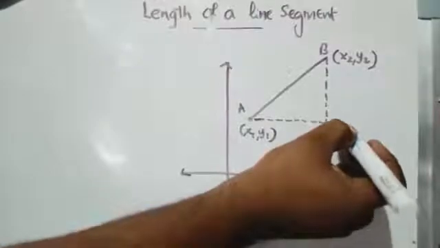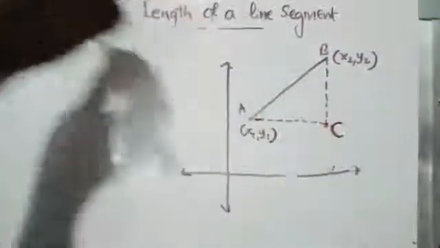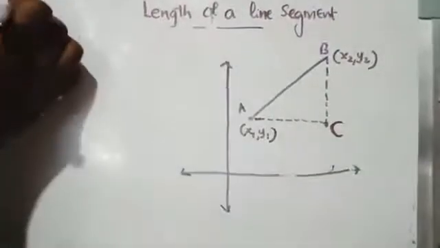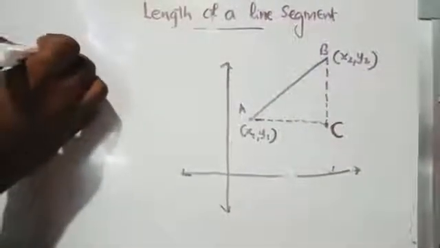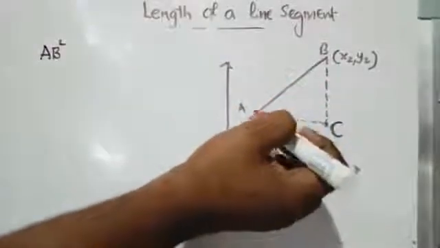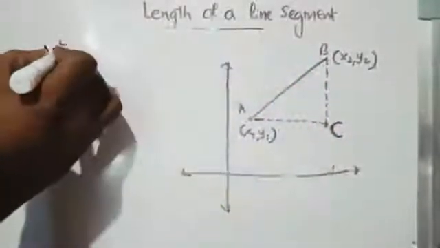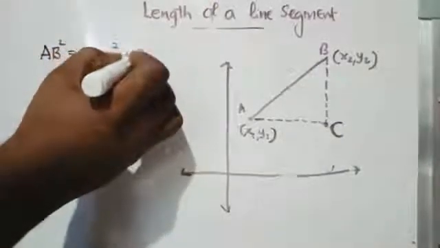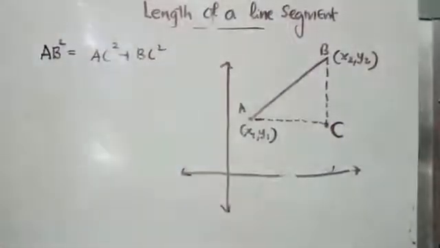Let's take that vertex as C. So as per Pythagoras theorem, hypotenuse square, here hypotenuse is AB, isn't it? In this right triangle, hypotenuse is AB. Hypotenuse square is equal to AC square plus BC square, the sum of the squares of the other two sides.